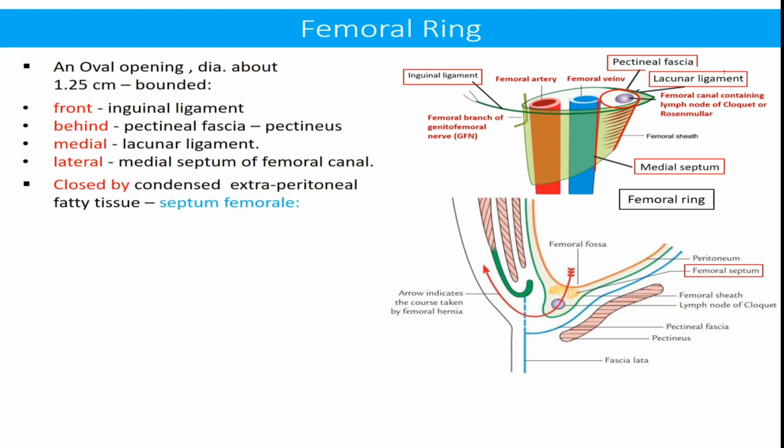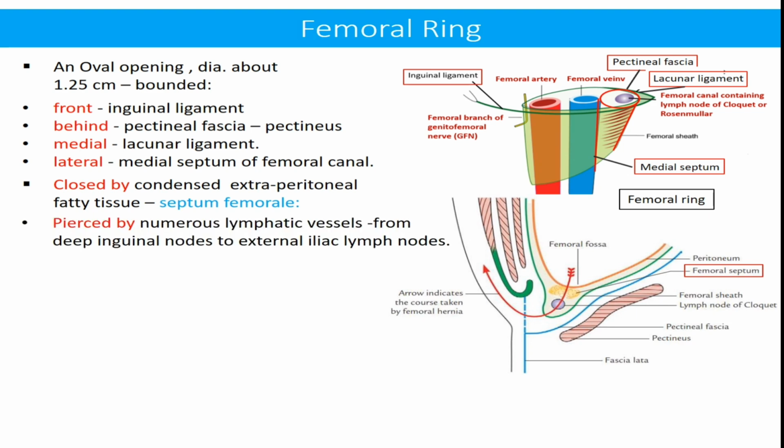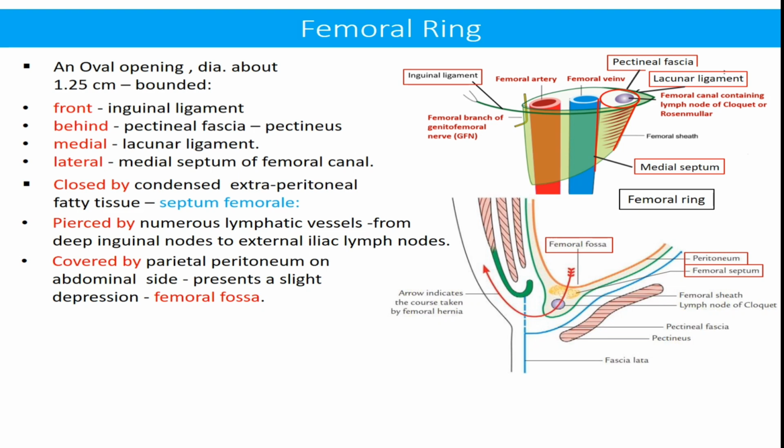It is closed by condensed extraperitoneal fatty tissue which is named as septum femorale. This septum is pierced by numerous lymph vessels from deep inguinal lymph node to the external iliac lymph nodes and is covered by parietal peritoneum on the abdominal side, where it presents a slight depression which is named as femoral fossa.